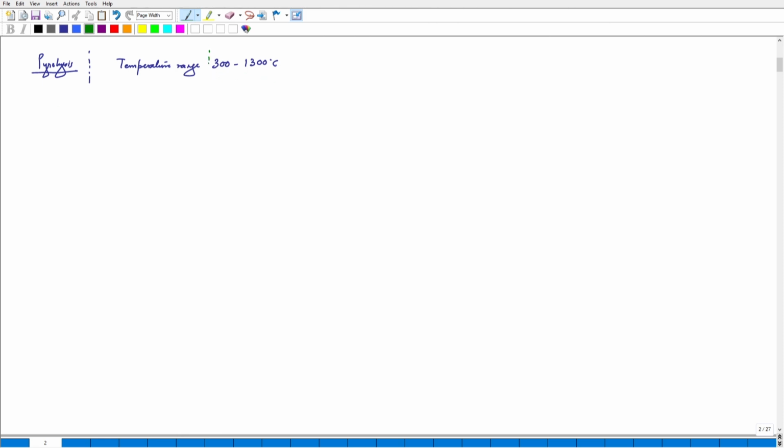But beginning temperature is around 300. The end temperature could be, let's say, 850, 900 to 1300, as has been described. Where what we do here is basically heating the WPCB in inert atmosphere.